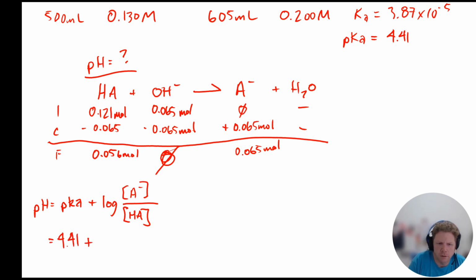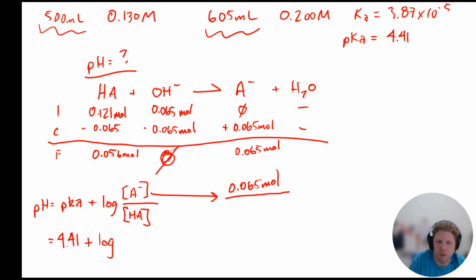The log of A, well, I need to remember to do a concentration calculation. I have the number of moles. This is 0.065 moles, but what's my concentration? Well, my volume is the combination of 605 mL plus 500 mL, so 1.105 liters.